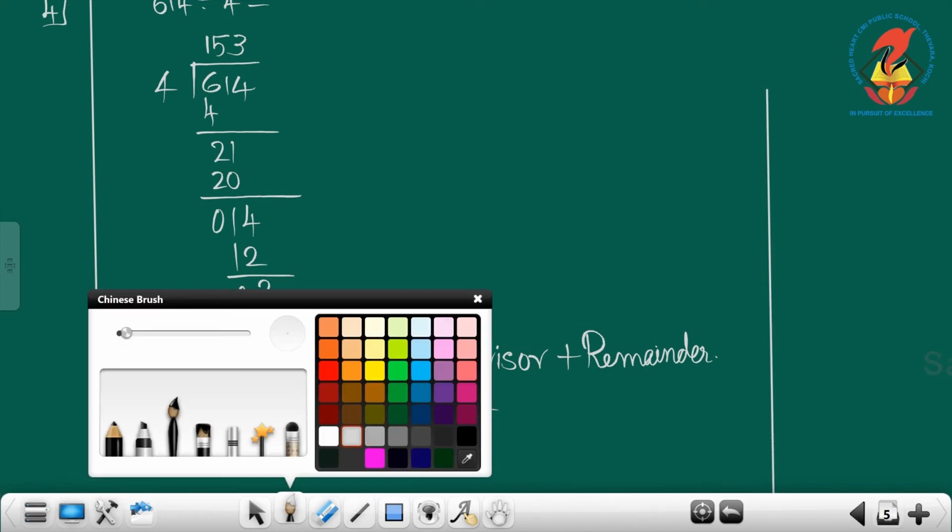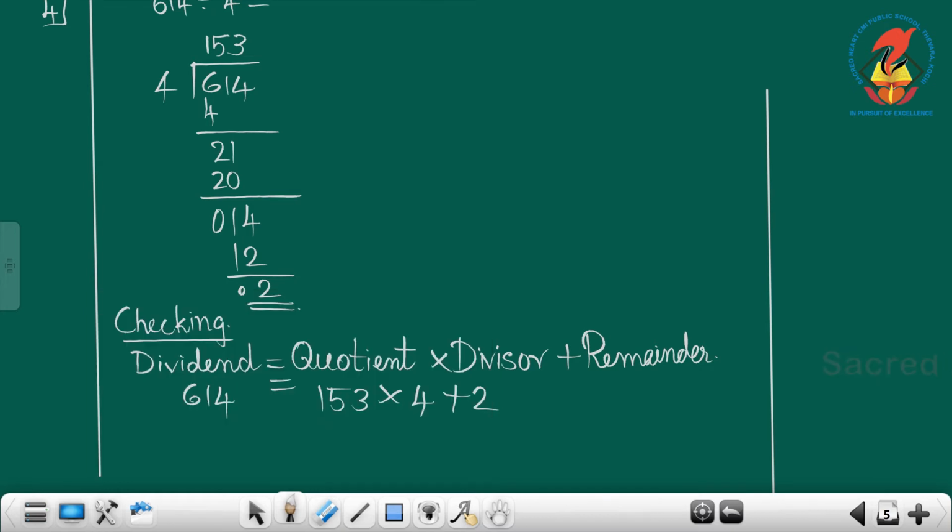So what are the numbers here? 153 multiplied by 4. 4 3s are 12, 2 you write down and 1 is carried over. 5 4s are 20, 20 plus 1 is 21, 1 is written down, 2 is carried over. 4 1s are 4, 4 plus 2 is 6.